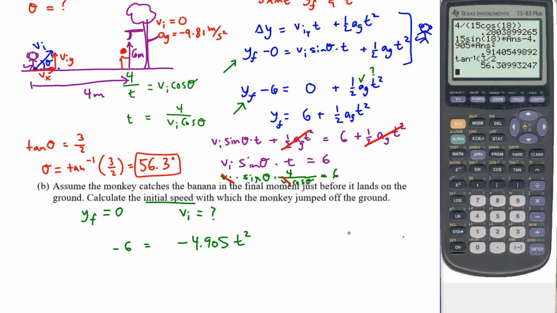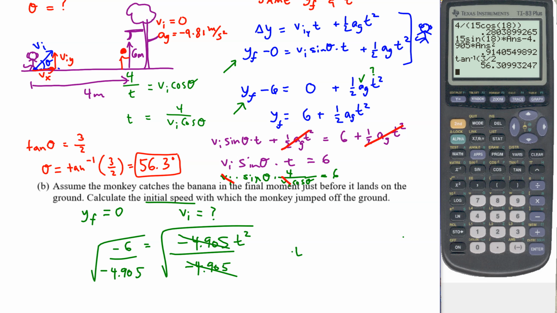And now we can divide both sides by negative 4.905. This will cancel. We will square root both sides, and t will be, see how the negatives will cancel? 1.106.